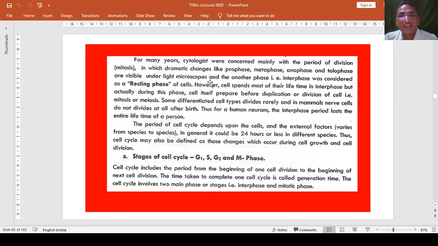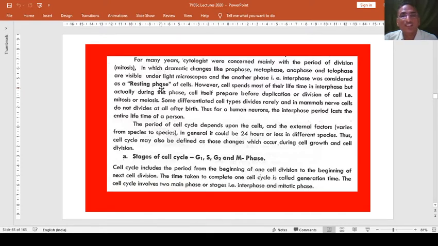The other phase, interphase, was considered a resting phase of the cell, meaning the cell pauses its activities for some time, takes a rest.